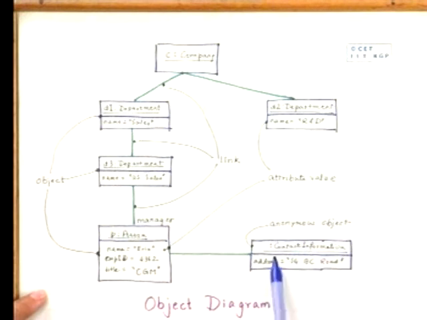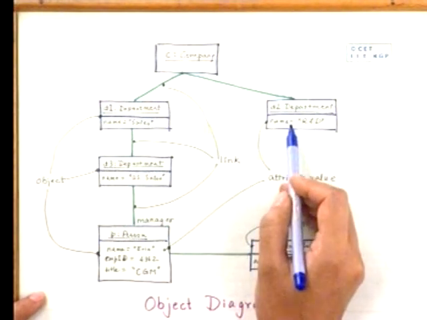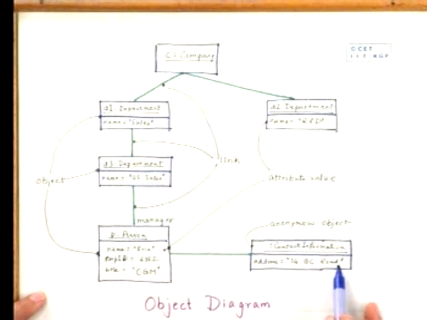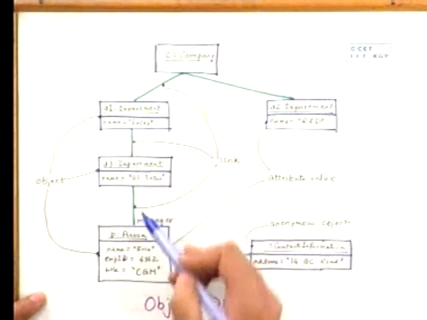Now we have another object of type contact information, which is an anonymous object which does not have a name. The value of the address is 14 BC Road. There's another link between person and the contact information. These are the attribute values, and these are the different links between the objects.